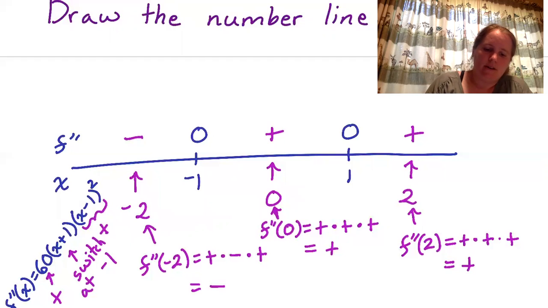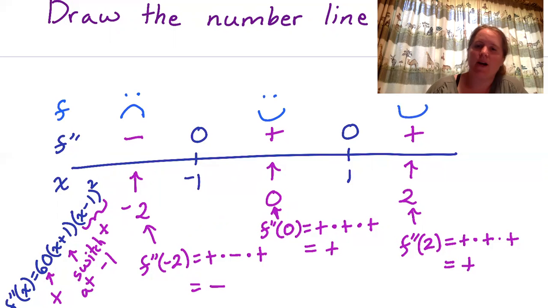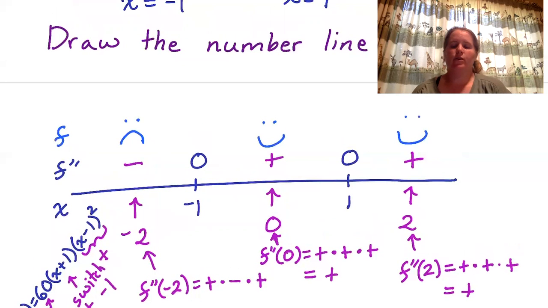Now, if we do our concavity, we look at what f would look like. Second derivative is negative, we're unhappy, so we are frowning. The second derivative is positive, we're happy, so we're smiling. And the second derivative is positive, we're happy, so we are once again smiling. So we only change what's happening if we go between concavities.